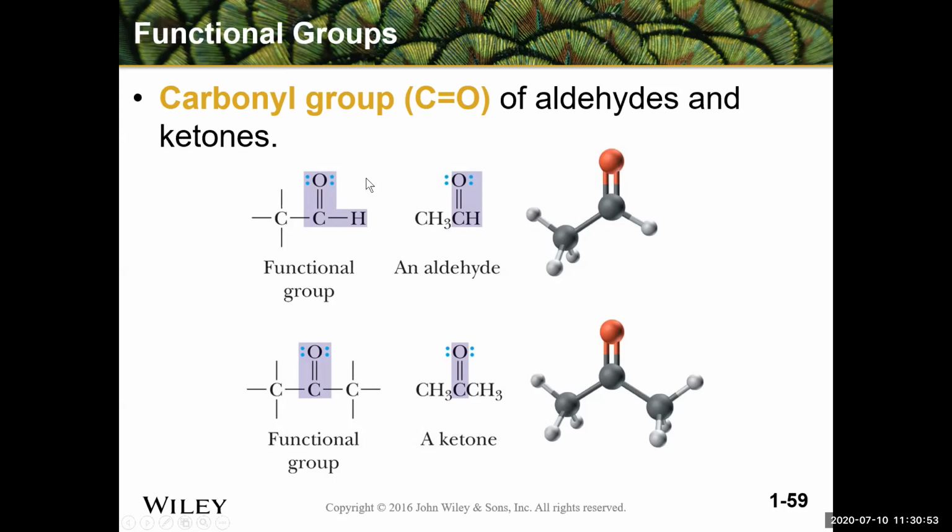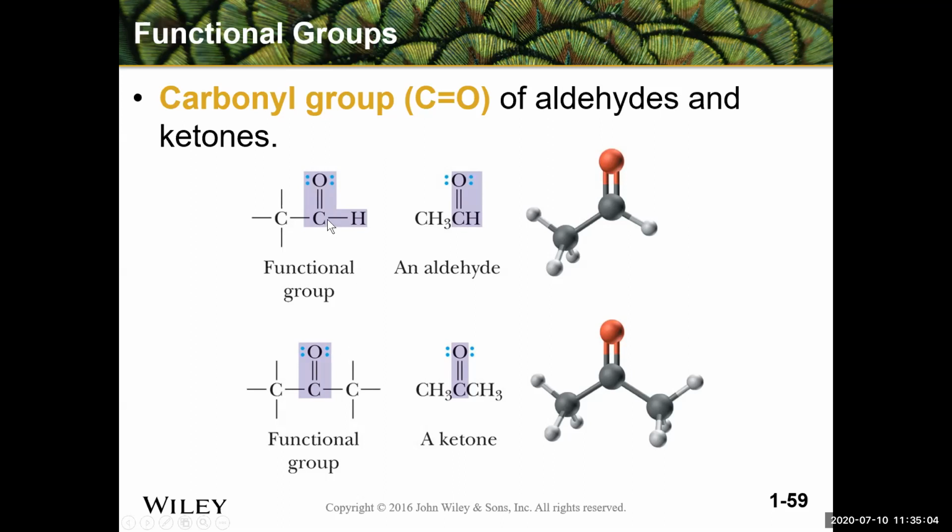Now the second class of organic compounds that contains this carbonyl group is called the ketones. Okay, so the second type of carbonyl-containing functional group we said are called ketones.